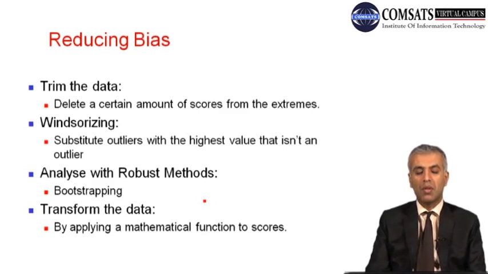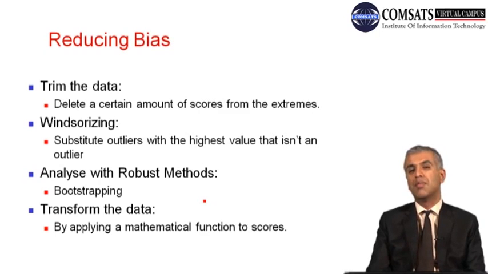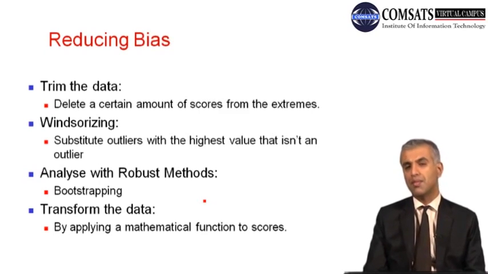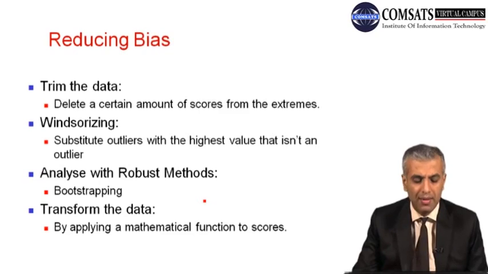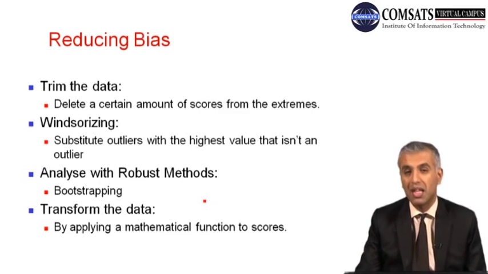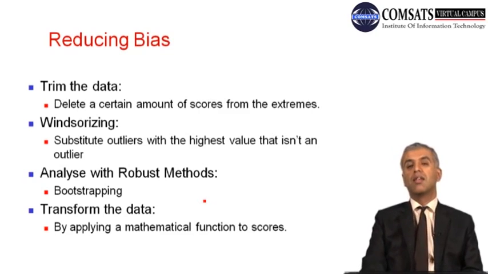So both of these options, using the trimmed data and winsorizing, are dependent upon the theory which you are following, the relationship which you want to test, and also the way you want to test the whole data.